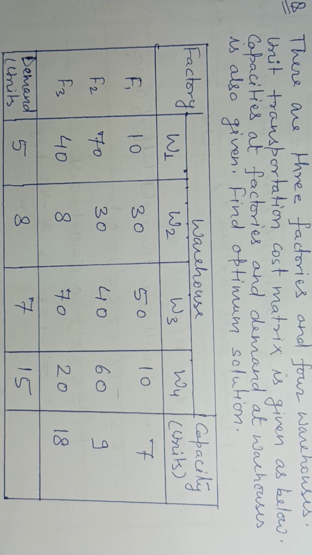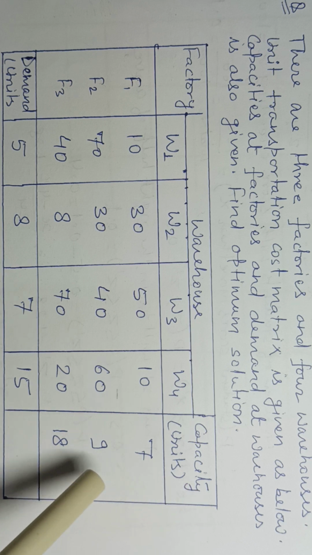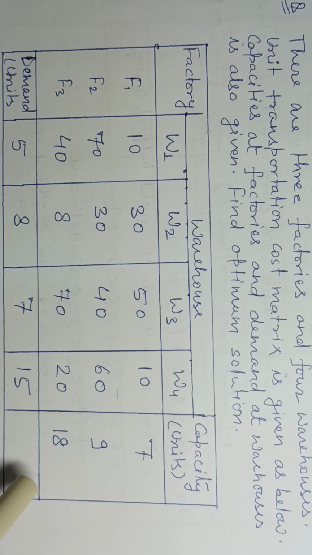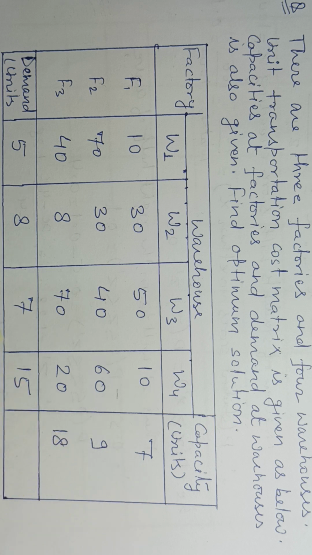So total demand is 35 and supply or capacity is 9 and 7, 16, and 18, 34. So this is not a balanced problem because demand and supply are not equal. So we will have to add here a dummy row with F4 factory having zero cost, and here we will add one supply. In this way we can balance this unbalanced problem.